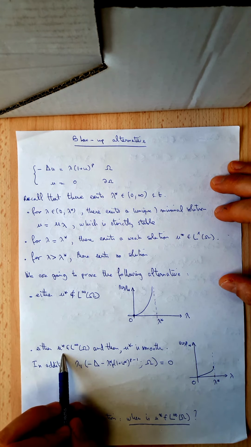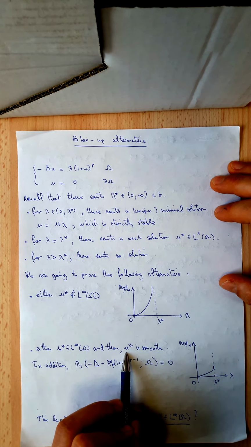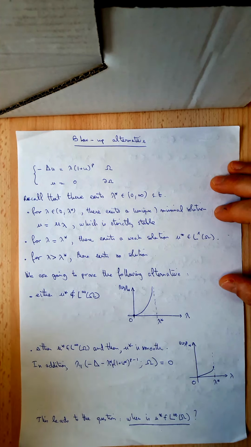Second scenario is when U star is a bounded function. And in this case, what we're going to prove is that in fact, due to elliptic regularity, U star is going to be a smooth function. But then if it is smooth, it belongs to the space in which we applied the implicit function theorem in global form. Let's say it belongs to C2 alpha, for example.